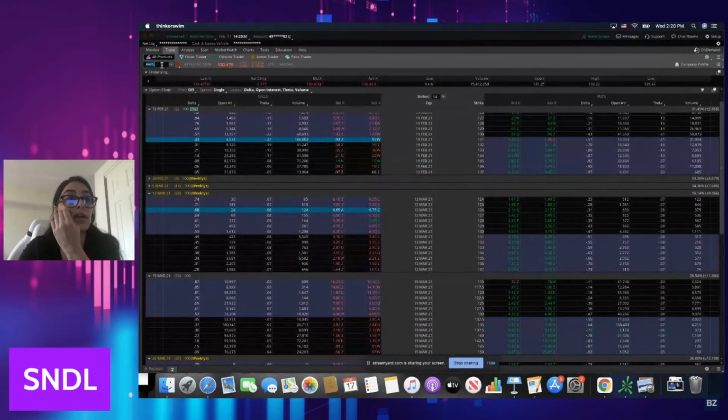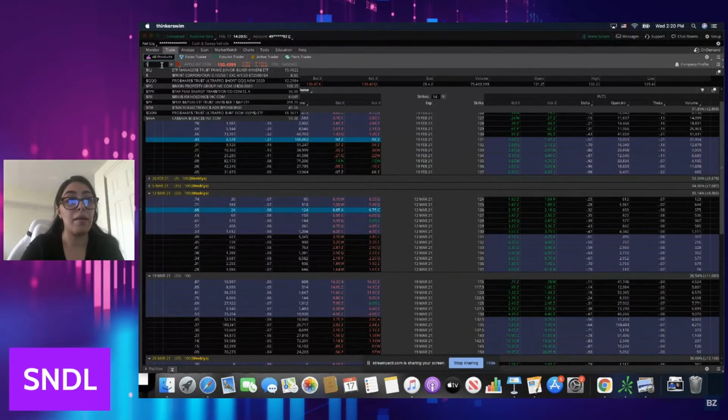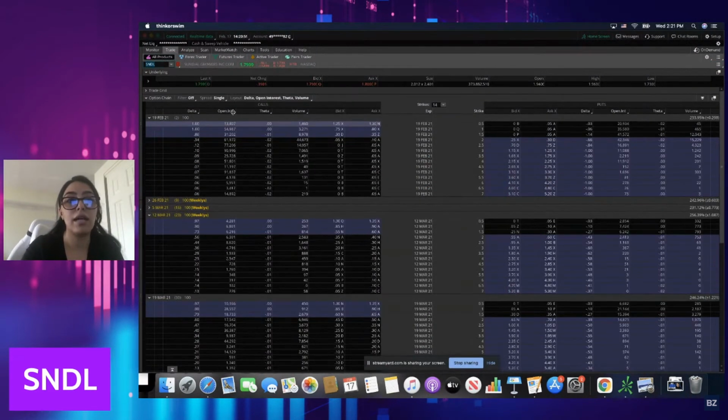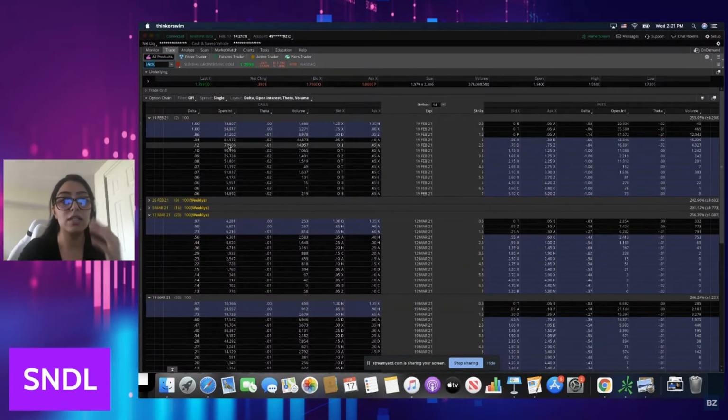Again, like I said, if you're going to play a stock like this, I don't recommend playing options on it. You can see the IV here on SNDL for this week's expiration. It's insane. This is very high IV on any options contract. There is a lot of open interest on it, on the call side and even on the put side, so people are buying up the stock here on the option side.